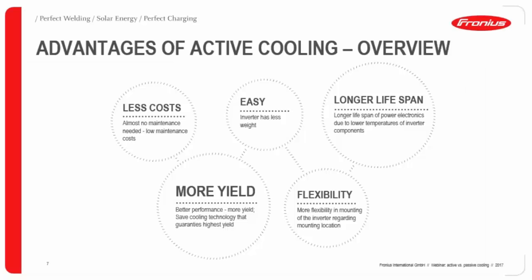Let me sum it up first, and then we go into details. Active cooling means less costs, because we're not just looking at the initial cost of the inverter. With Fronius, we always look holistically at the total costs of a PV system, for example over 10 years, 15 years, or 20 years.